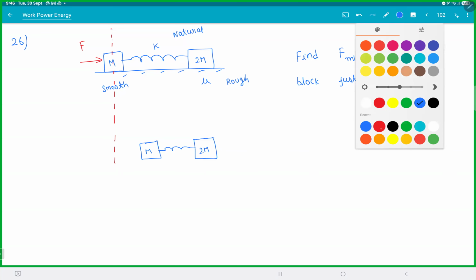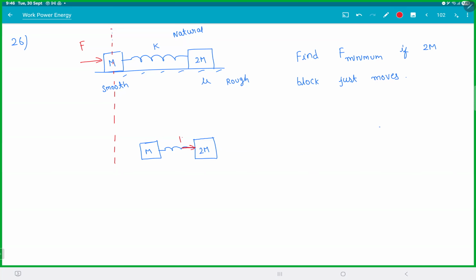That means the spring force kx must balance the friction, which is 2 mu mg. That means x must be 2 mu mg by k. That means this block must have traveled distance x. Isn't that right? So if the block travels distance x, the 2m will move. And you just want it to come to rest because you said minimum. The block will just come to rest.